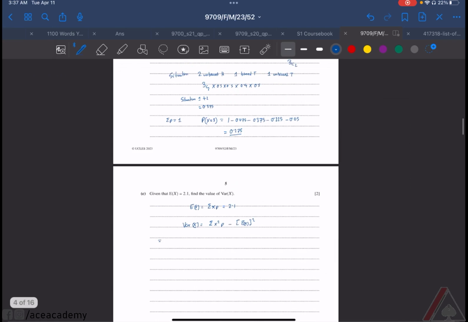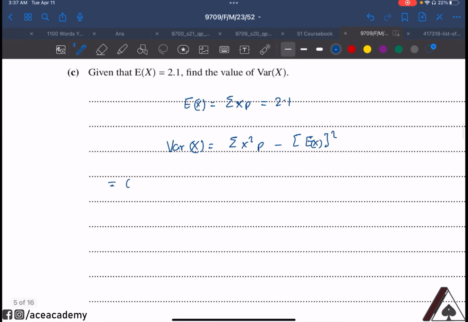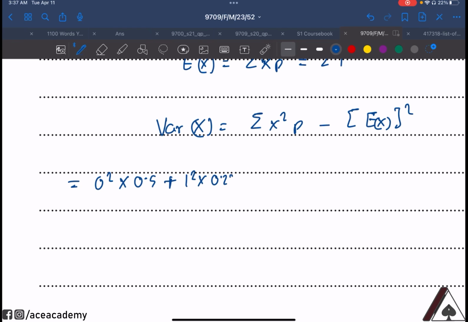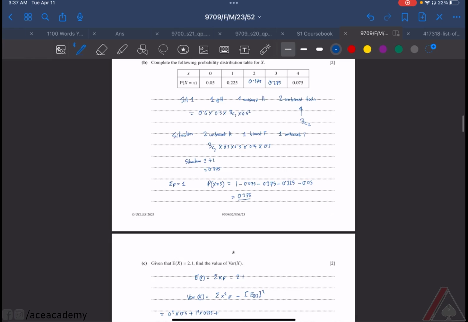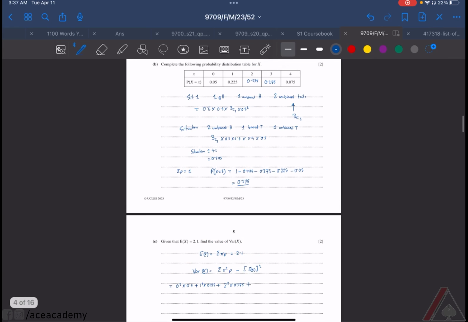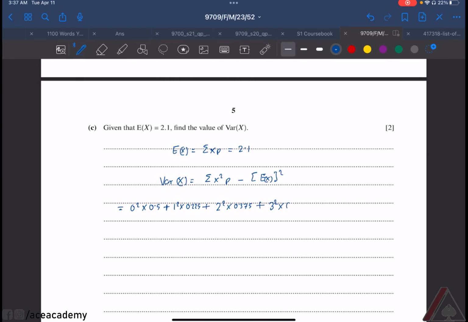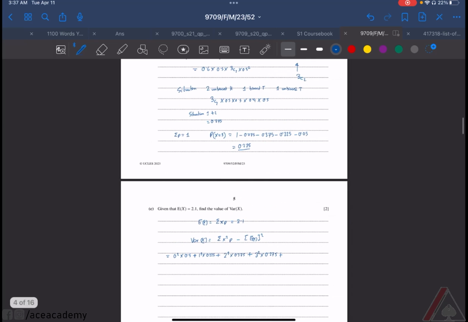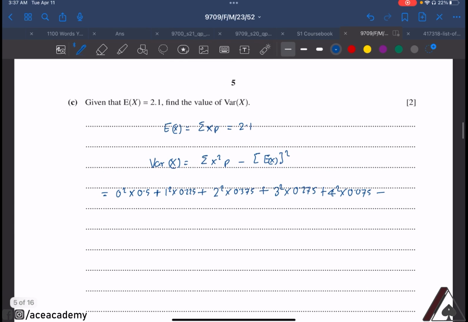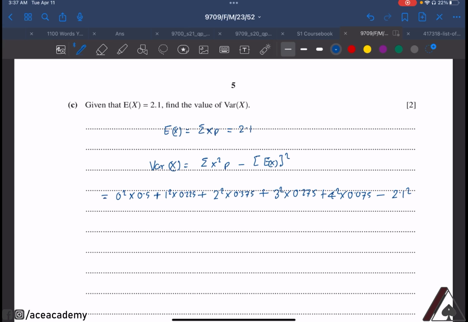Okay, so 0 square into 0.5 plus 1 square into 0.225 plus 2 square into 0.375 plus 3 square into 0.275 plus finally 4 square into 0.075 minus 2.1 whole square, and then you will get variance of x, which is 0.99.